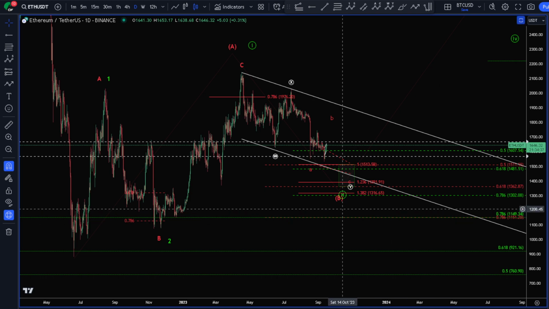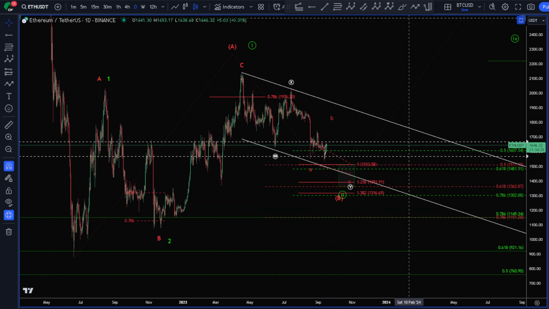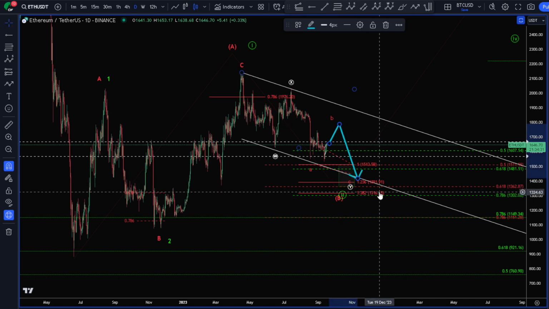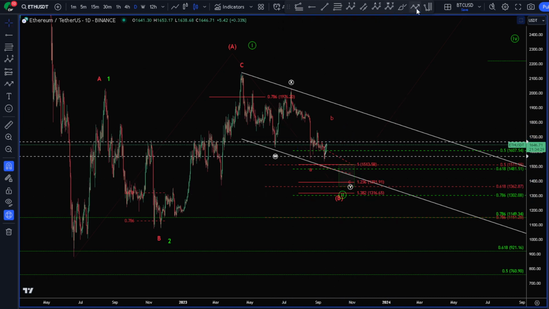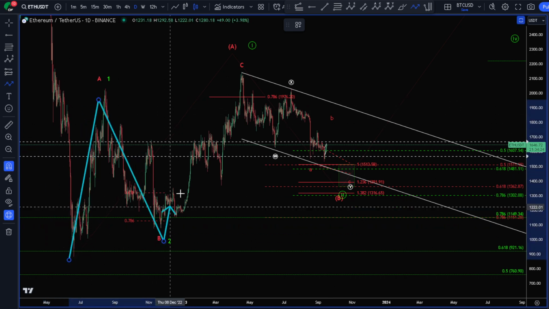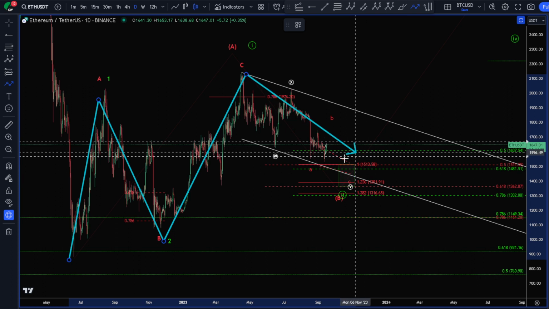Update on Ethereum. Still waiting for this correction to play out and find a bottom here. I have two counts currently on the go. Have this as either a 1, 2, 1, 2, in which case I'd expect between the 50 and the 618 to hold there.